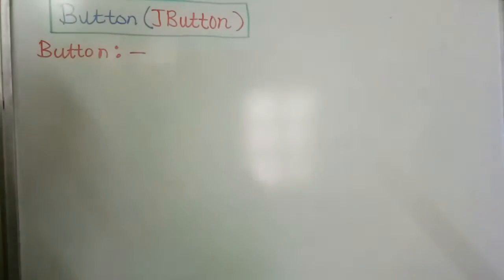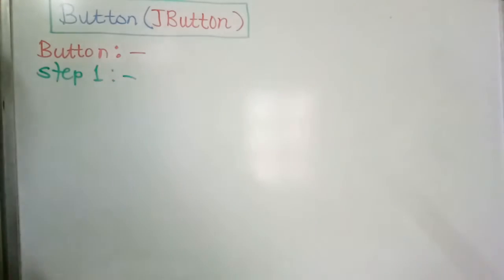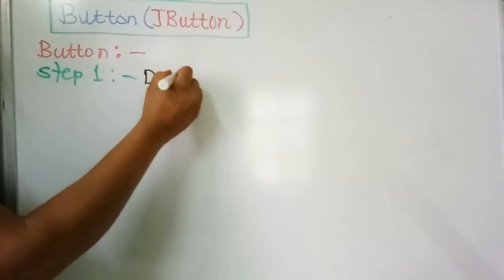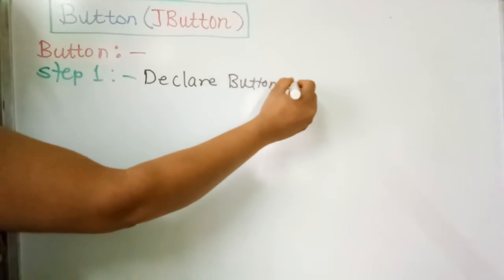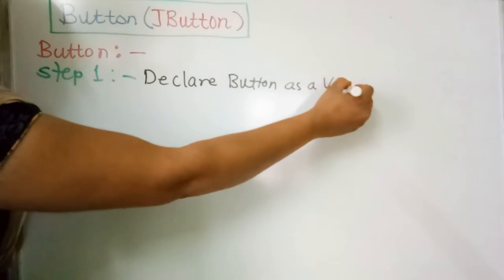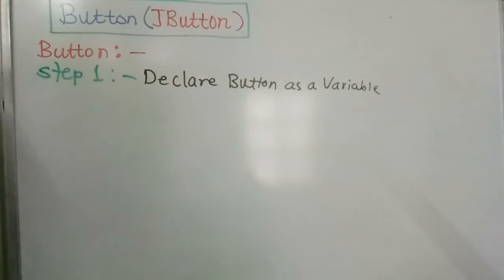So what is the first step? First of all, declare the button as a variable. What does it mean? It means that we have to create a class of a button and create an object of that button.